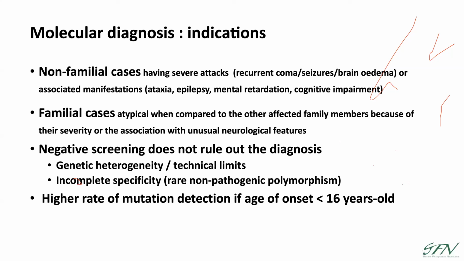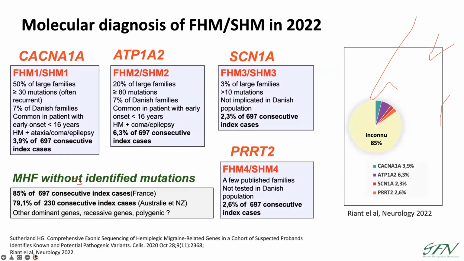If we find a mutation known to cause a condition, then the diagnosis is sure. If we don't find a mutation, then it may be hemiplegic migraine, but with an unidentified mutation. The genetic screening has technical limits, but also has an incomplete sensitivity.